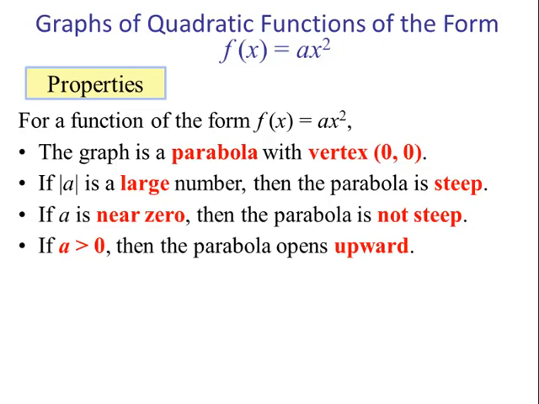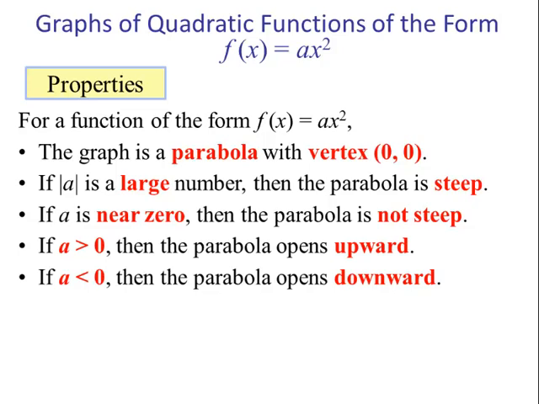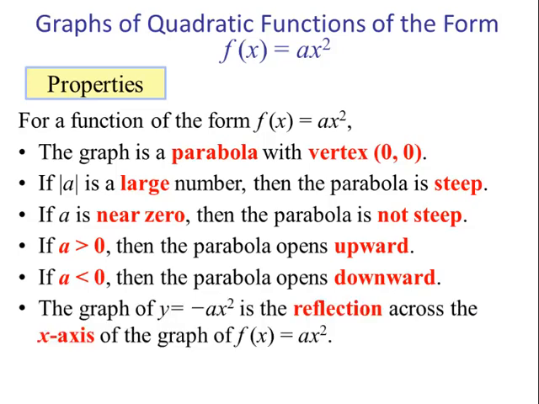If a is positive, then the parabola opens upward, and the vertex will be a minimum. If a is negative, then the parabola opens downward, and the vertex will be a maximum. The graph of y equals negative ax squared is the reflection across the x-axis of the graph of f of x equals ax squared.